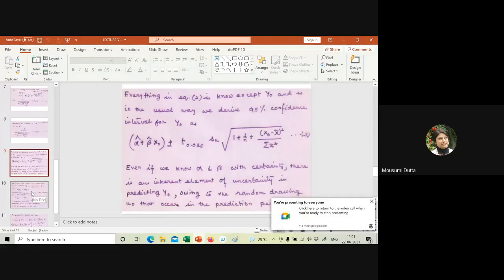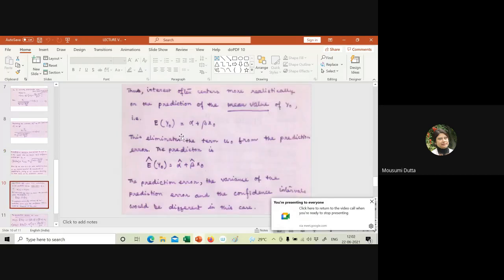So this was the theory we mentioned, that sometimes instead of talking about the point predictor or interval for that predictor, we go for expected values of the predictor. We do not find y naught, rather we find the mean predictor, that is expectation of y naught, because of inherent randomness in the entire structure.